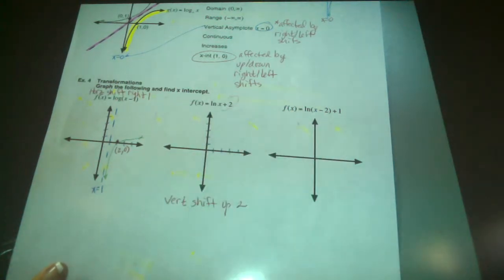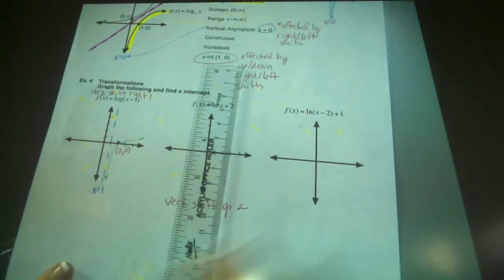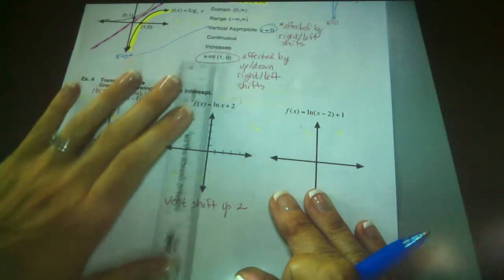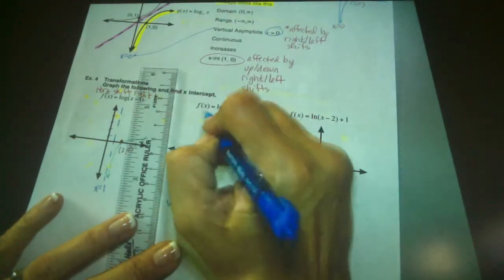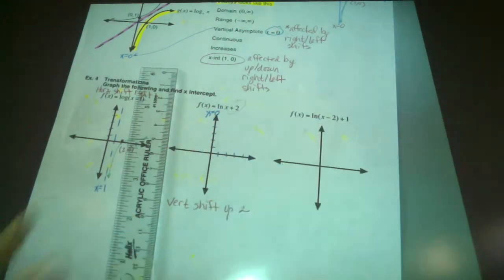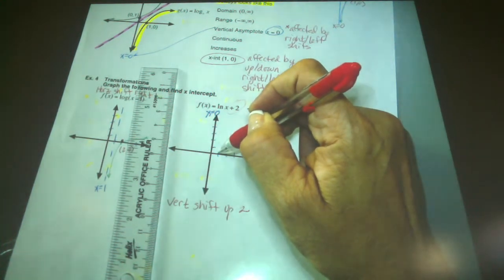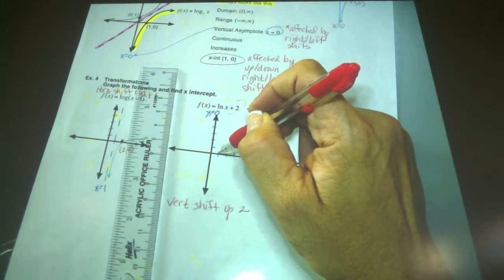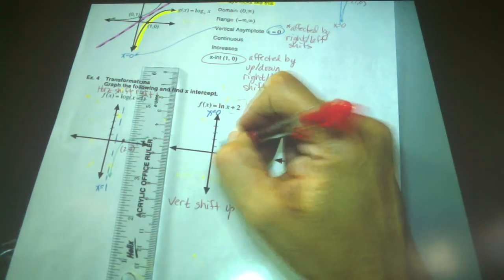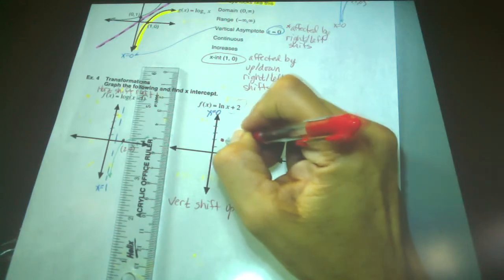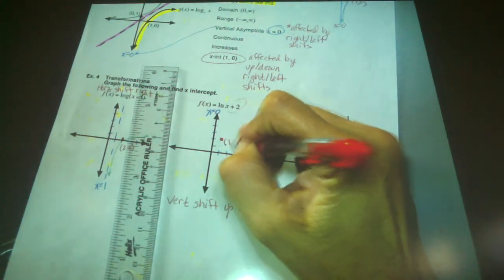Does that affect my vertical asymptote with an upshift? No. So I still want to label it x equals 0. But my original x-intercept, which is right here, gets shifted up 2. So 1, 2. Read out that ordered pair and label it. What is it? 1, 2.